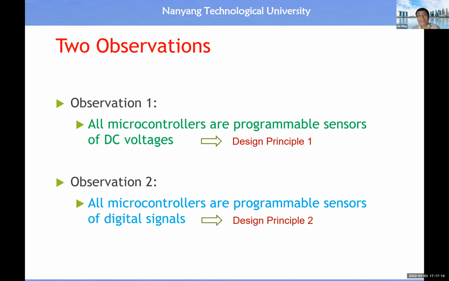In addition, all microcontrollers are programmable sensors of digital signals. For example, if for whatever reason we are able to convert the value of a physical quantity on the measurement into a digital signal in pulse waveform, then the microcontroller is ready for you to count the number of pulses, all right?